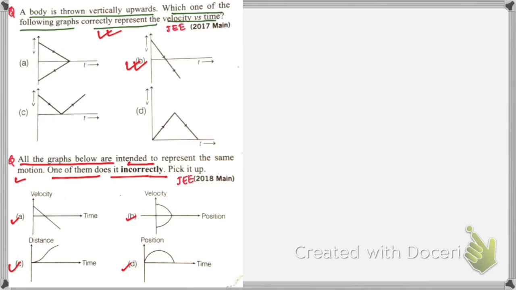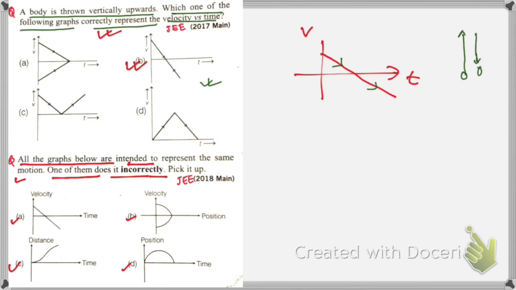From the first graph, you can see this is a velocity and time graph. Recently we have done this, right? This graph represents a motion of this kind, when something is thrown upward and again it is coming down. Or you can say if something is going forward and again it is coming back, we will get this kind of graph in such motion.